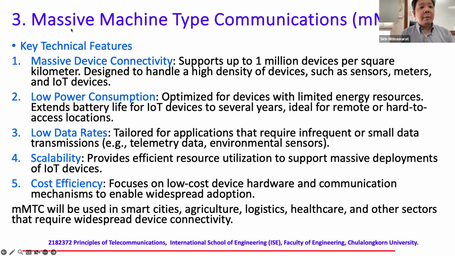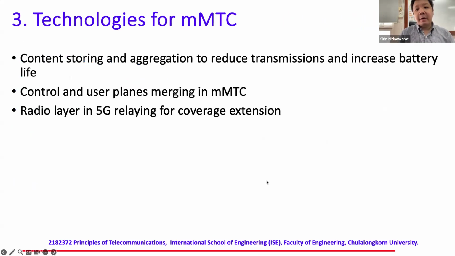But when we talk about this type of application, oftentimes individual devices transmit at very low rate, but there are many more of them. And of course, cost is another important consideration for this type of application as well.